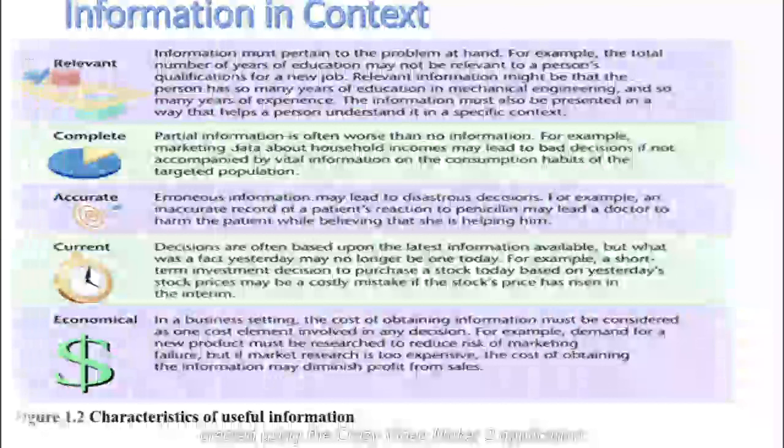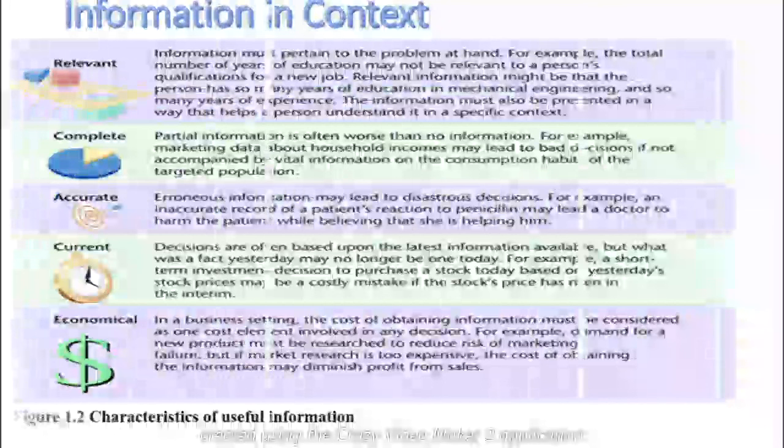Partial information is often worse than no information. Like I told you earlier, collecting partial information is worse than no information. It's better to stay without information than having information that will bring a problem, or that may ruin your decision, or that may ruin your businesses. So that's why information must be complete.